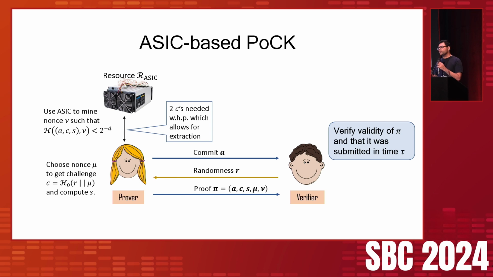And remember, this is where the hardware assumption comes in of the ASIC being able to compute the same hashes significantly faster than any encumbered trusted hardware or MPC.